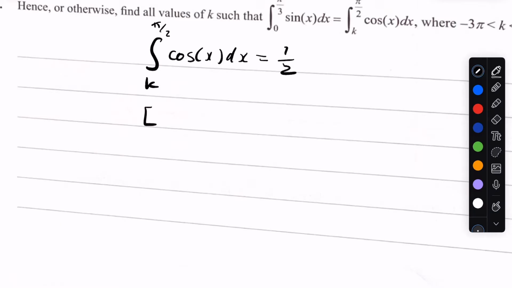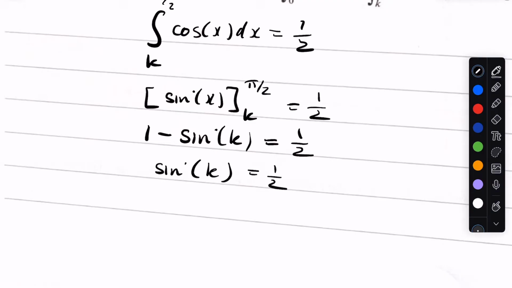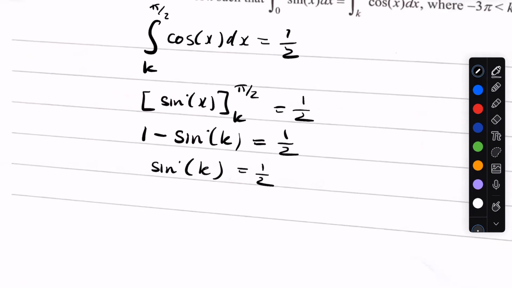So this is sine x from k to pi over 2 is equal to 1/2. And that means we've got 1 minus sine of k is equal to 1/2. Sine of k is equal to 1/2 is what we're solving in the end.